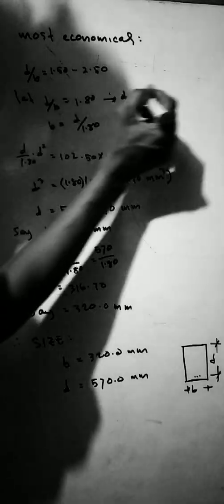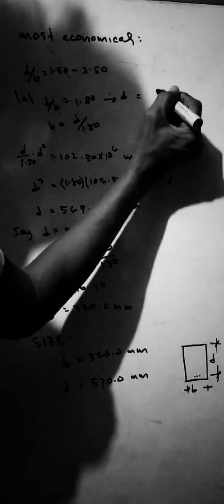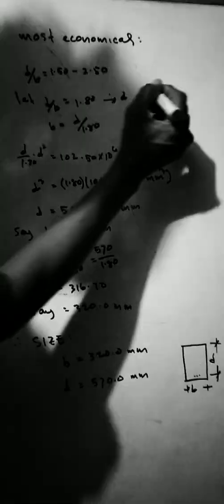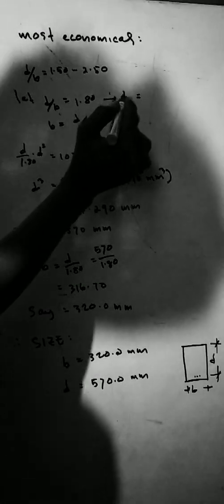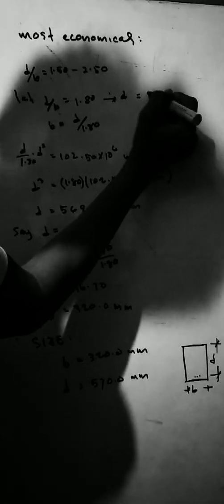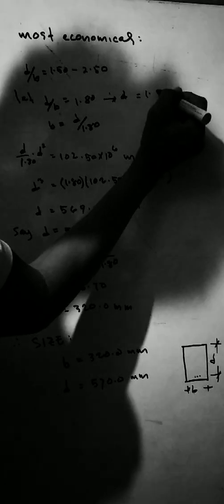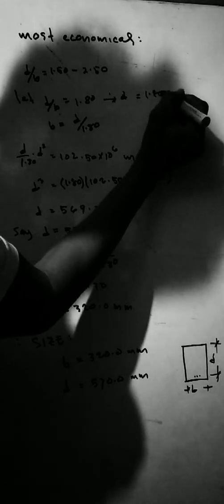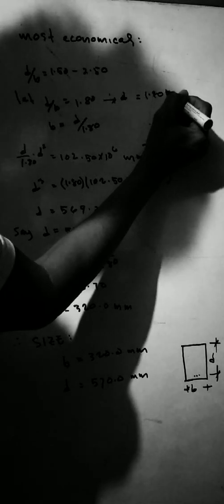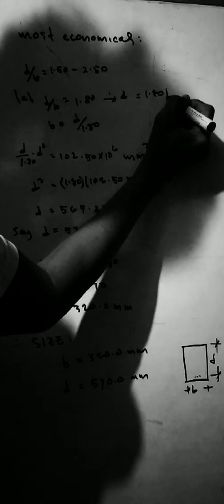When you transfer that into the other side, d becomes 1.80 b.